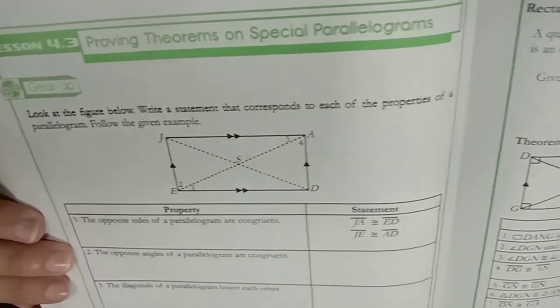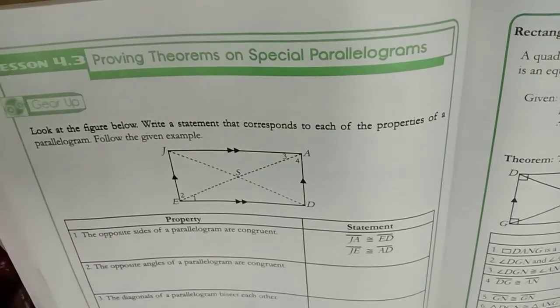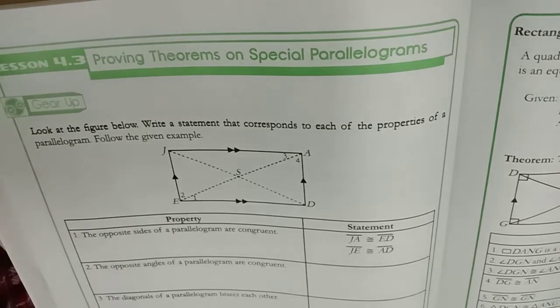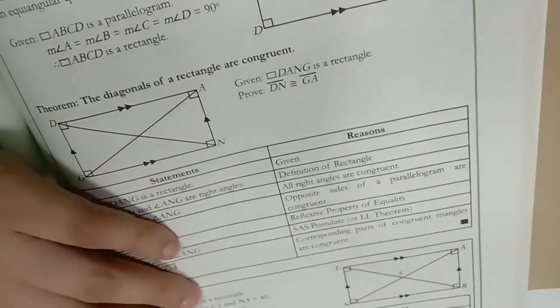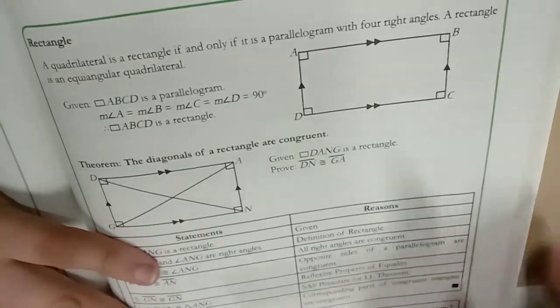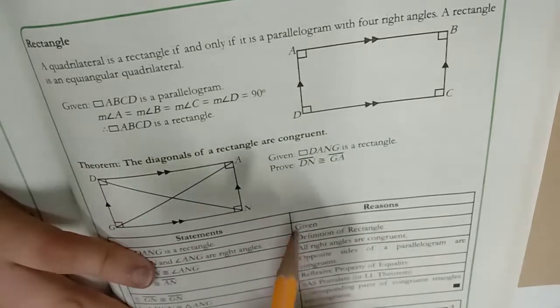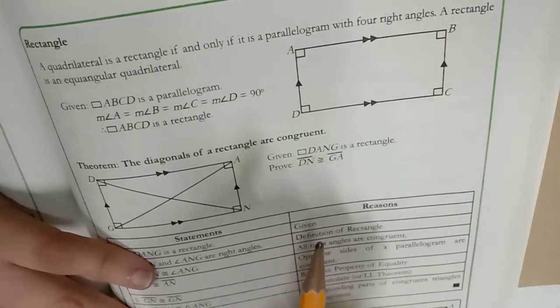So, punta po tayo sa proving theorems on special parallelograms. So, this one is under po ng parallelograms, which is meron tayong tatlong pag-uusapan, which is rectangle, rhombus, and square. So, let's have first that rectangle. So, katulad lang din nung definition natin sa classifying quadrilaterals.